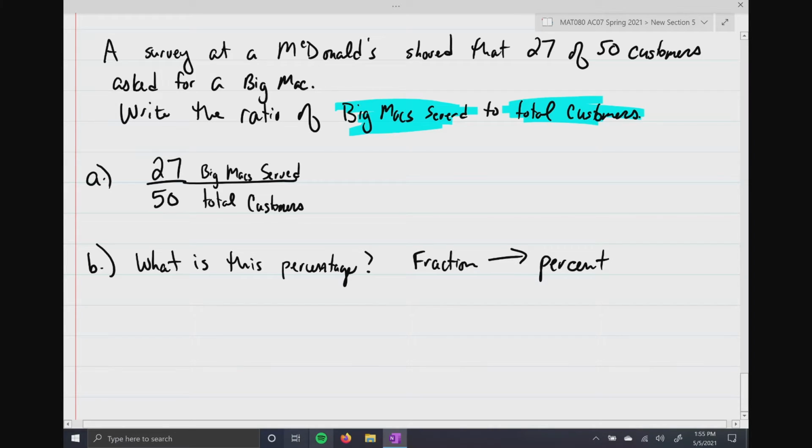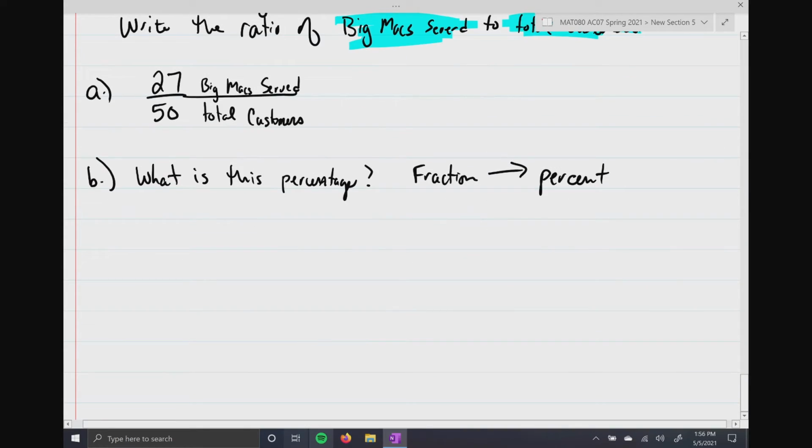Say that again. Put it over 100. Put what over 100? 27 over 50. So you're saying do this. Because that's putting it over 100. And I don't agree with that. Don't you divide the numerator and the denominator? You divide first. Good.